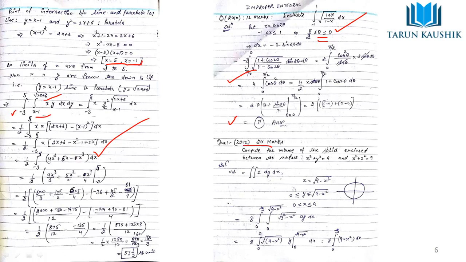The next question, this is a very important question asked in 2012 for 20 marks. Compute the volume of the solid enclosed between the surface x square plus y square equals 9 and x square plus z square equals to 9. So in case of volume, the volume of a cube consists of, we can say, 3 dimensions, that is breadth, length and height. So there will be 3 dimensions, like x-axis, y-axis and z-axis.